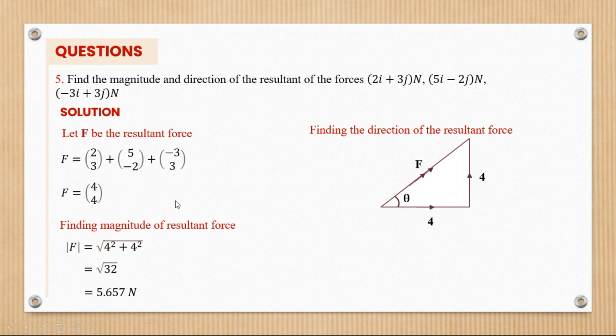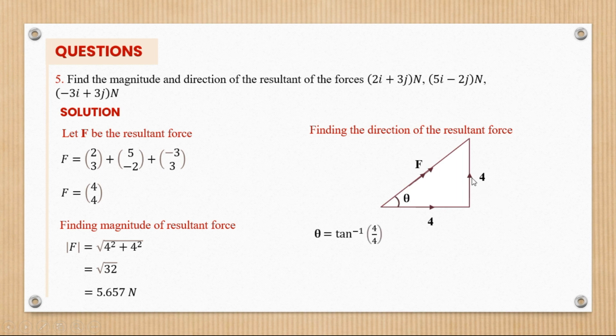Then you also remember that the positive 4 for the y is pointing upward. Positive is towards the upward direction on the y-axis. So that's why we have it that way, and then we have the resultant force right there. Then we have the angle theta, which is the direction of this resultant force.